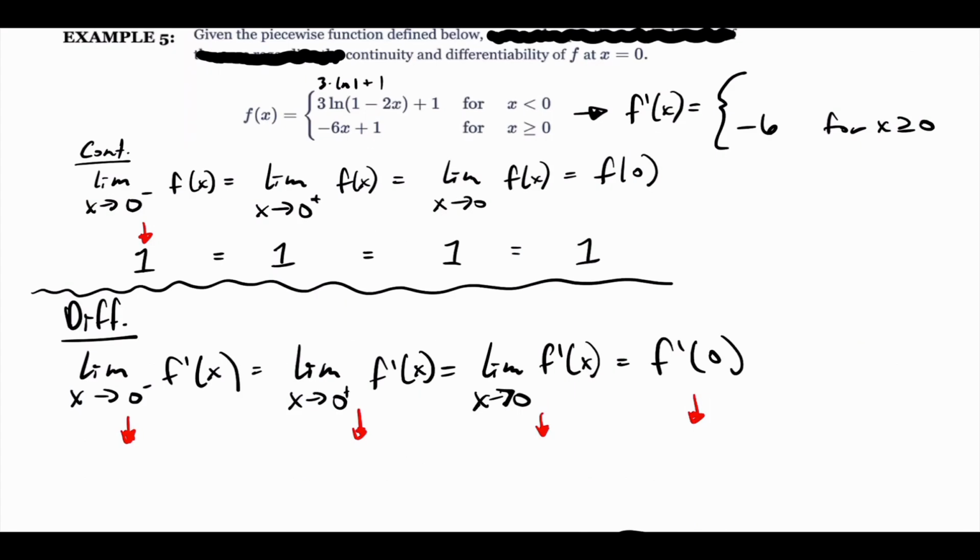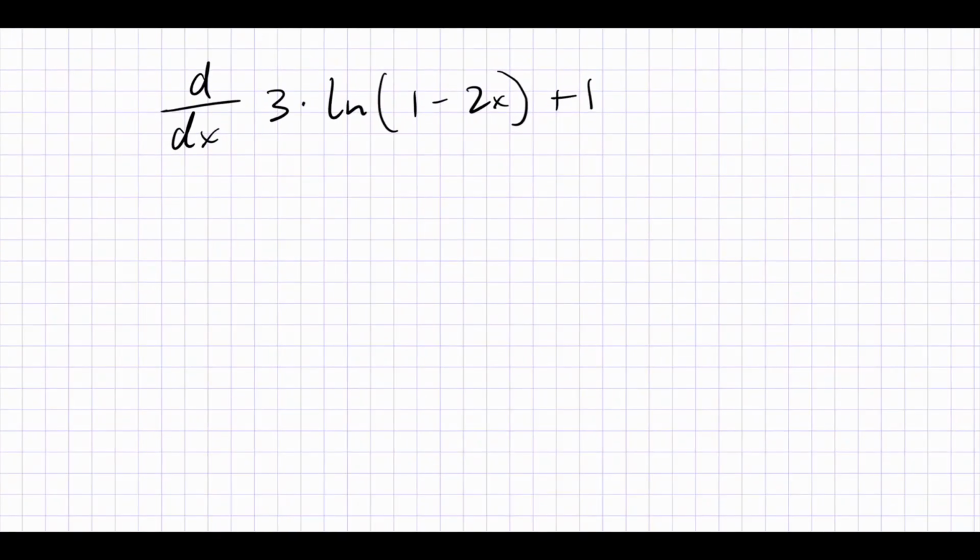So the first thing I have to do is find the derivative. The bottom piece is just going to be -6. The top piece, I have to find the derivative of that guy. Well, we've done that before. This one isn't even that bad compared to the ones we've seen before. Some of the ones you've seen are a lot worse. So the derivative of 1 is just going to be 0, so we don't even worry about that, plus 1.